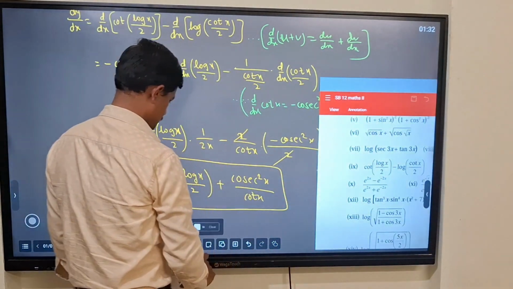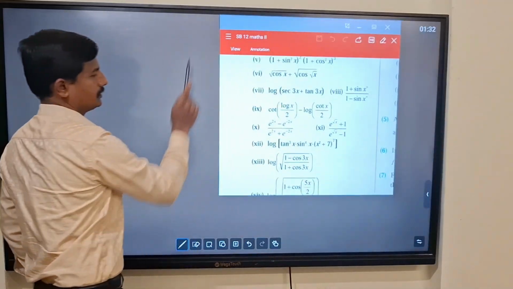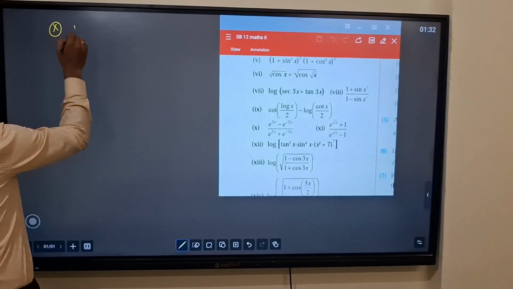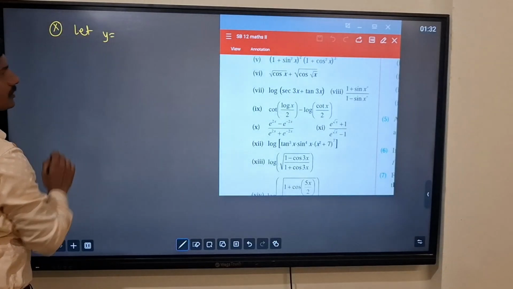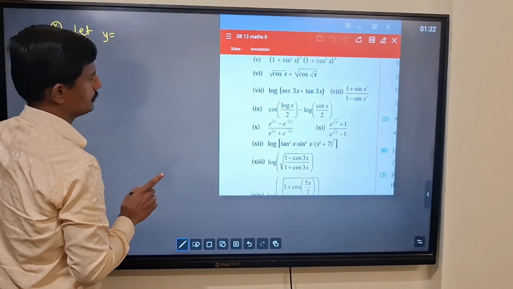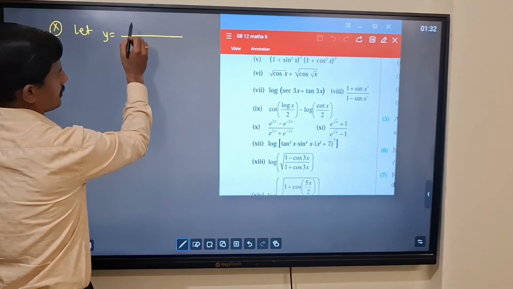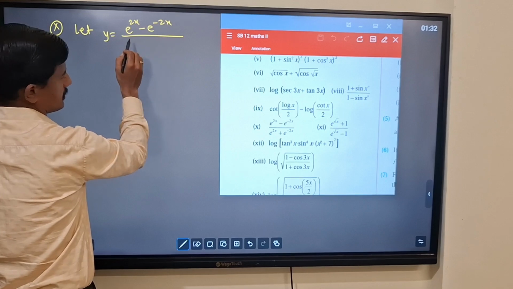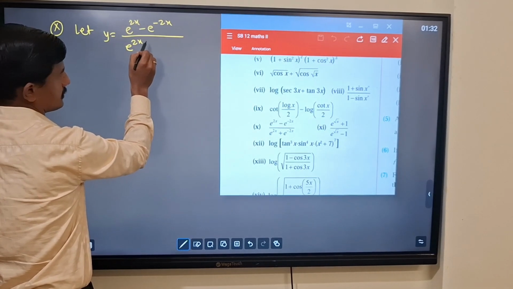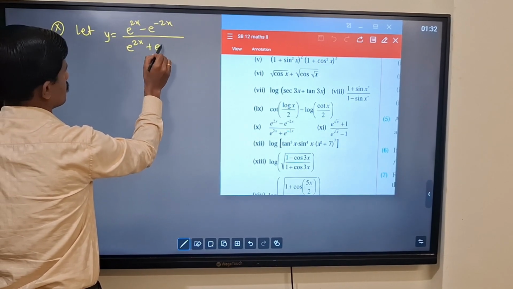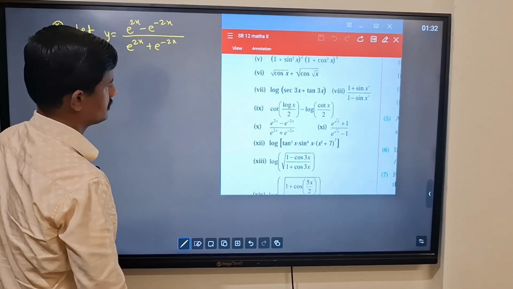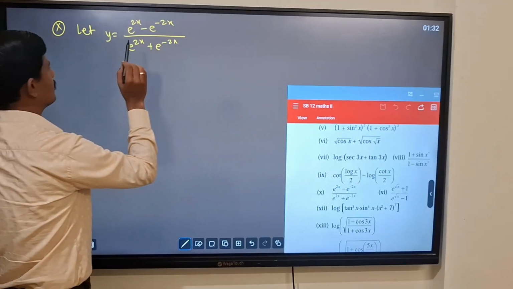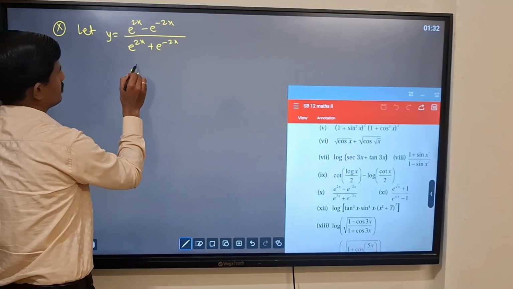Now for the next question. Question number 10. Let y equal to e raised to 2x minus e raised to minus 2x upon e raised to 2x plus e raised to minus 2x. We can use the u upon v rule directly, or I will simplify it a little bit more.